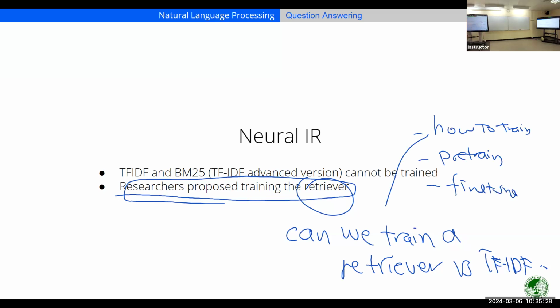Those are some questions we need to think about. If we pre-train, what is X and Y? Oh, wait a minute, pre-train is only X, right? But how do we pre-train? Oh, when we fine-tune, we need X and Y, where do we get them, right? So these are all the questions that you need to think about as researchers, like how do we train this retriever?